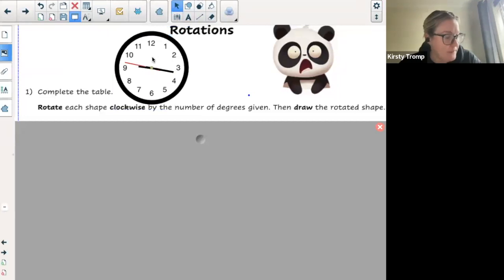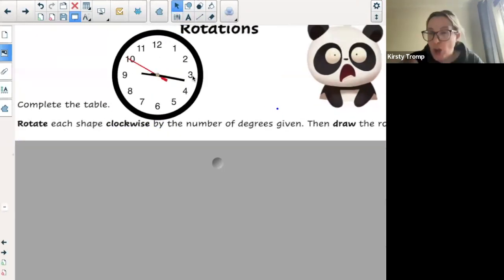If we're looking at rotating a shape clockwise, well, clockwise goes from, and I'm going to move this hand, if I take that big hand, clockwise is going to go from 12 all the way around to 1, 2, 3, 4, 5, 6. So when they're talking about something moving clockwise, it's moving in this direction.